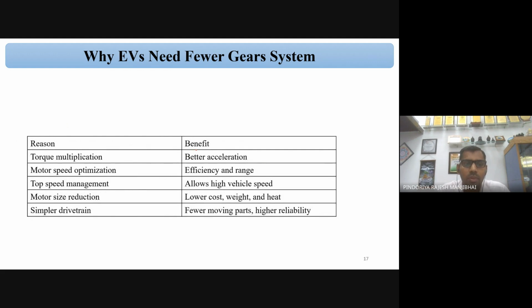The reasons and benefits: torque multiplication and better acceleration, motor speed optimization for efficiency and range, top speed management allowing higher vehicle speed, motor size reduction with lower cost, weight and heat, and a simpler drivetrain with fewer moving parts and higher reliability. Because of the fewer moving parts there is less friction, and so higher reliability.